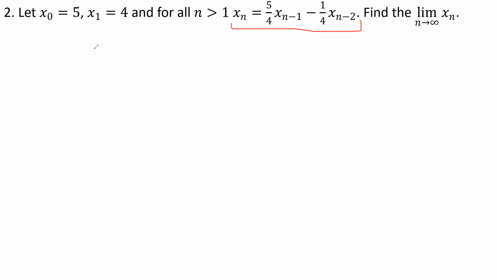So we need to find some algebraic form of xn, and we will use a method that we often use in these situations. We will use a characteristic polynomial. So we put xn as lambda to the power of n.